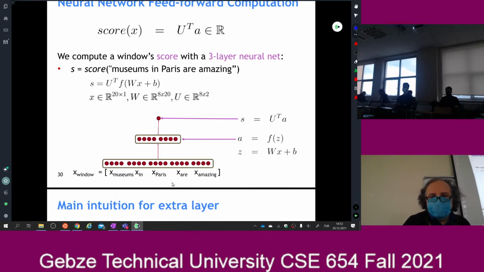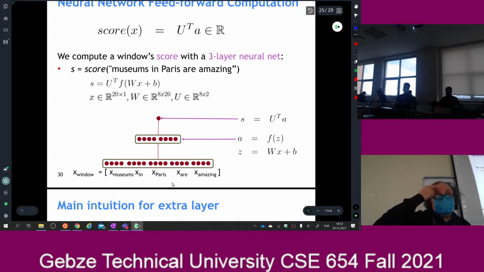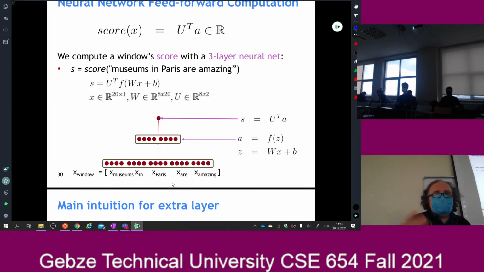So at the input layer, I have, okay, I have 20-dimensional vector. Well, we simplified the problem a lot. Normally, for each word, we have 200-dimensional or 100-dimensional vectors. I am just using 4-dimensional vector for each word.